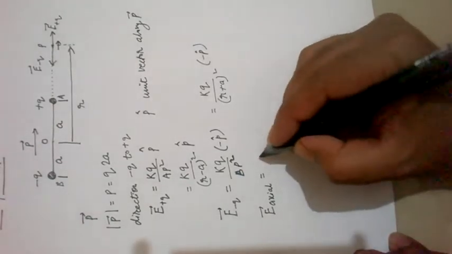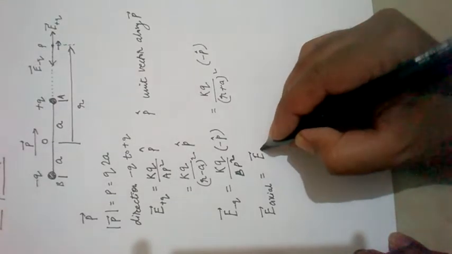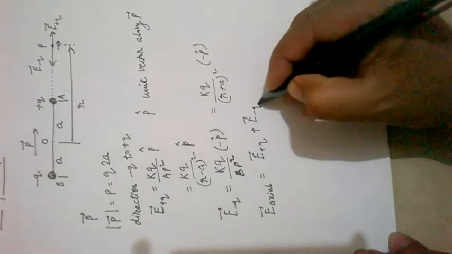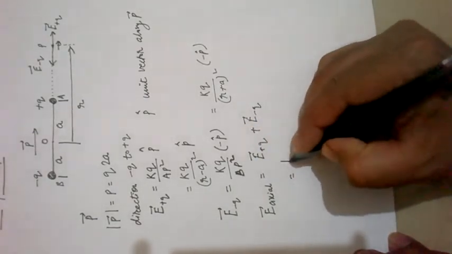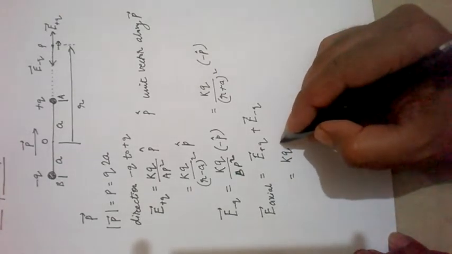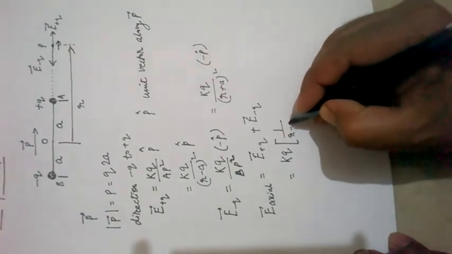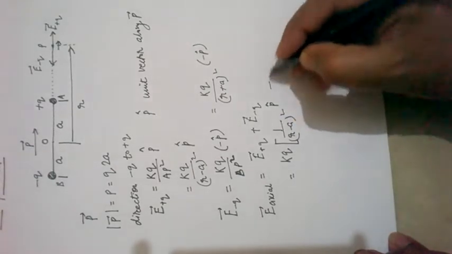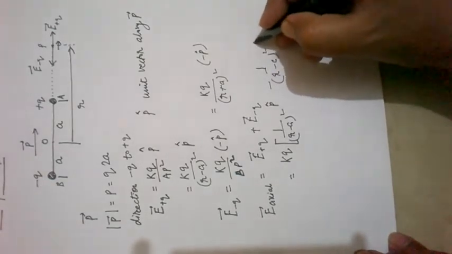The net electric field will be E plus q plus E minus q. When you add them vectorially, the k q term is common, and this will be 1 upon r minus a whole squared P cap minus 1 upon r plus a whole squared P cap.